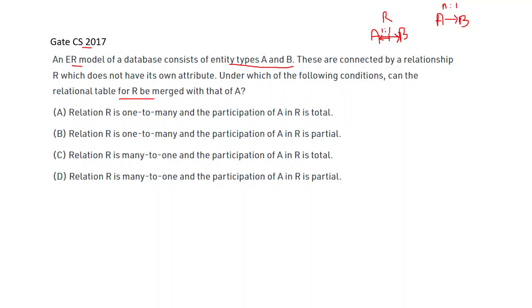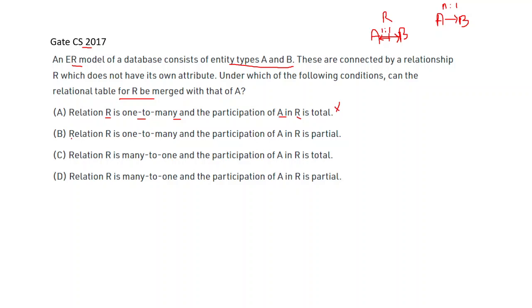So let's go through the options now. Relation R is one to many, and participation of A in R is total. From A to B, the relationship is actually defined. So A cannot be at the one part. A has to be at the N part. So this is not an answer.